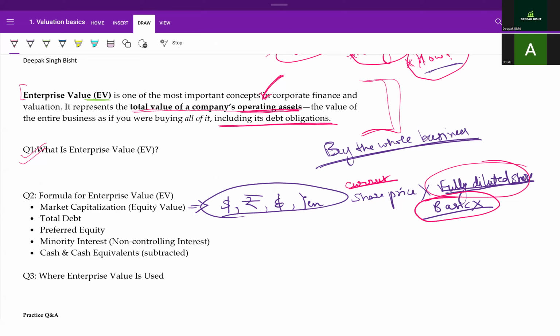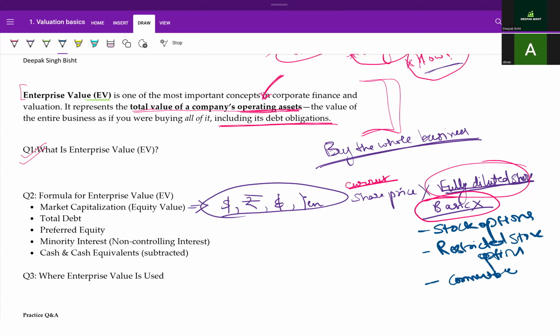We need to consider the stocks, stock options, the restricted stock options, and we also need to consider the convertible securities, because these are going to dilute our number of shares in future, or if the stock is in the money or out of the money.